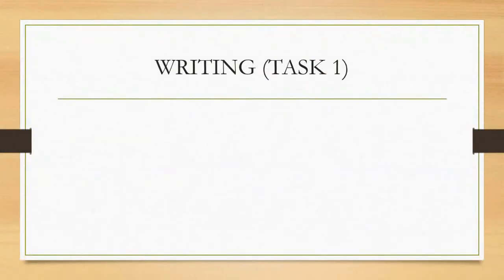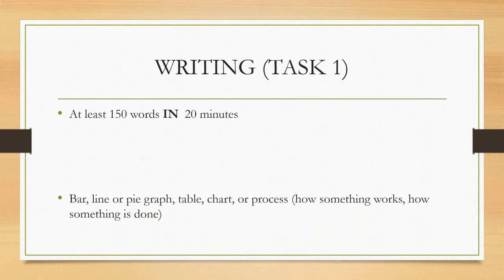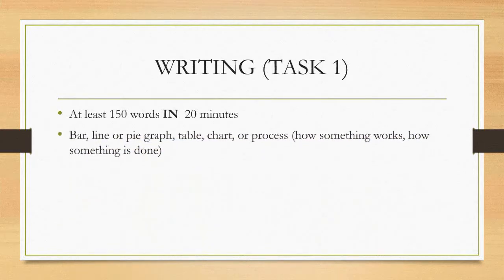Let's go further and make it a bit more detailed in task 1. What is writing task 1? You will have a minimum of 150 words, which you have to do in 20 minutes. What kind of information will you have there?